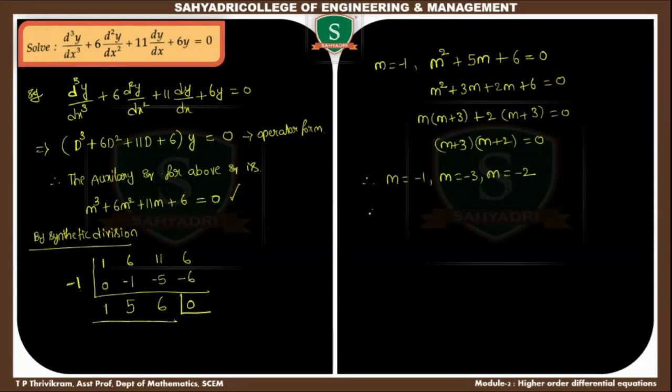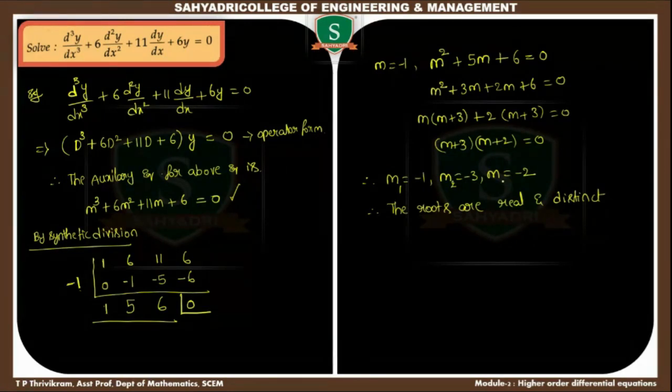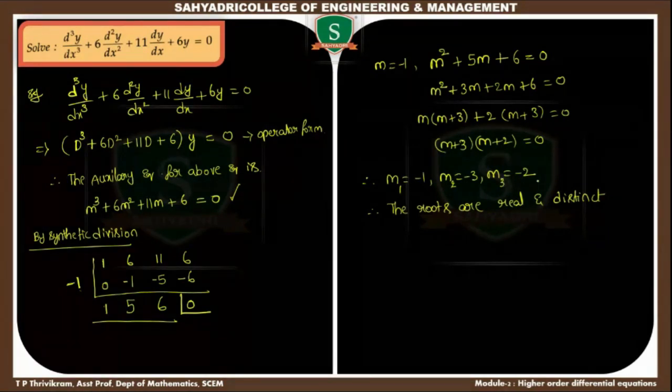So therefore the roots are real and distinct. Instead of writing all as m's, I'll write m1 equal to minus 1, m2 equal to minus 3, m3 equal to minus 2.